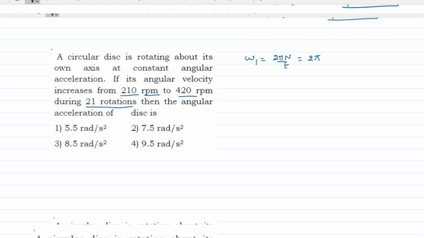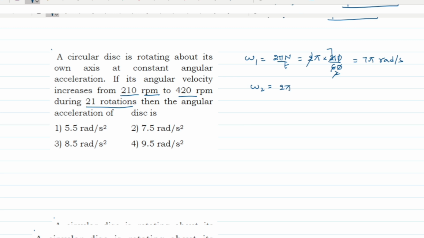2 pi into the number of rotations, which is given as 210 per minute. So take 60, 10 gets cancelled, and 21 over 6 becomes 7 over 2, and the 2 gets cancelled. Here we will get the initial angular velocity as 7 pi radian per second. In the same way, calculate the final angular velocity.